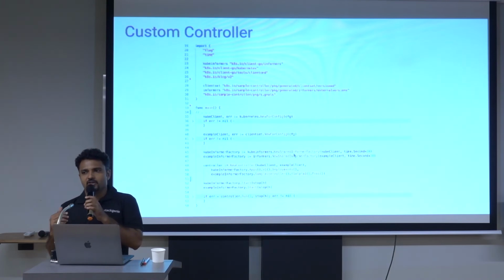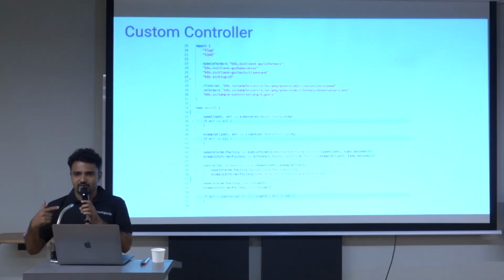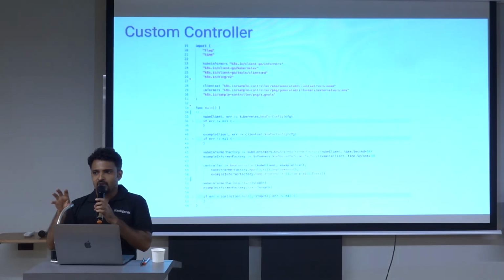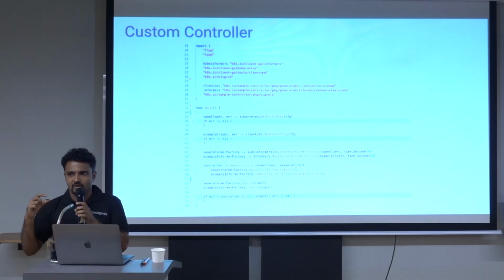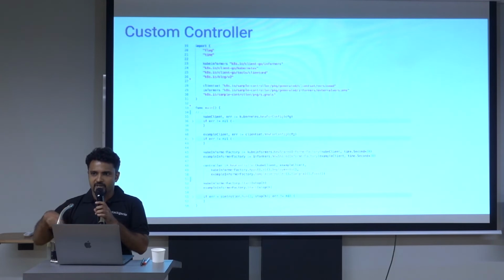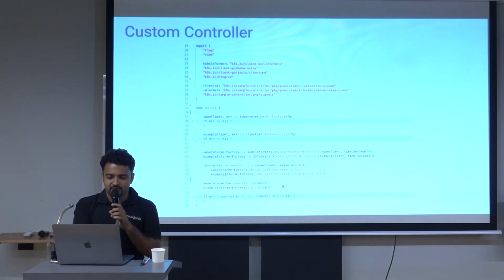When I said the controller ensures the desired state, the way it does that is by keeping track of all the changes to that resource, and at every point it watches and checks if the desired state is met. If not, it has to take an action to make sure that the desired state is met.